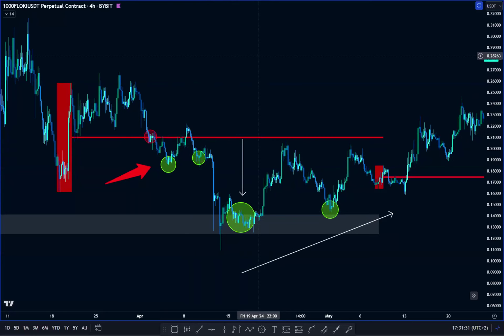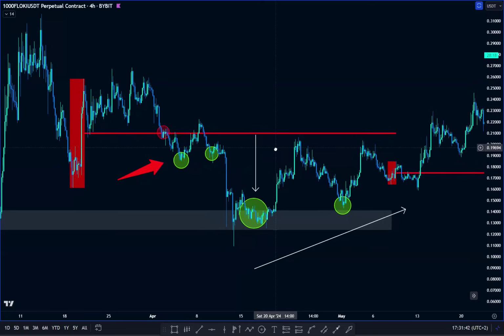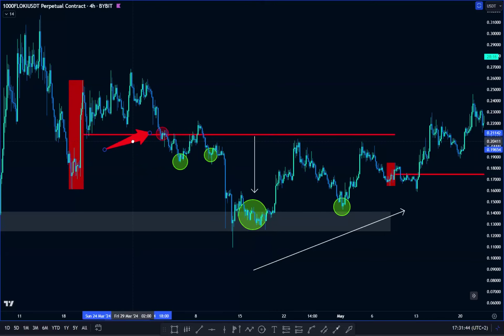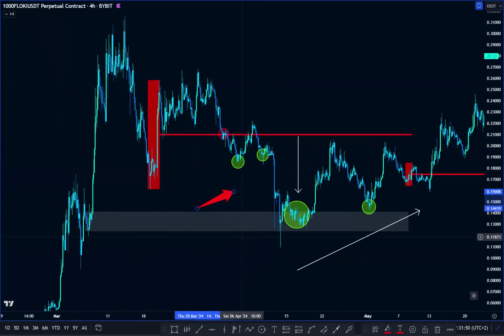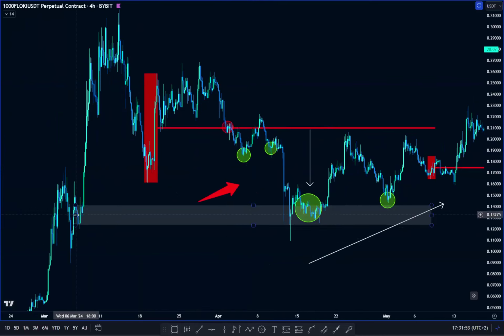So what better place than in a seller's market, when the retailers are selling under here, they can start accumulating from all the sales. But within this structure, we've got to keep in mind that the further away price gets from value, the greater the chance the reversal is going to happen. And this is one of the reasons why demand zones can be so great, where we mark out these key levels.